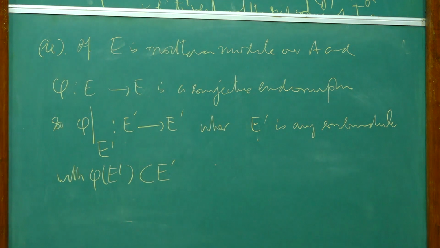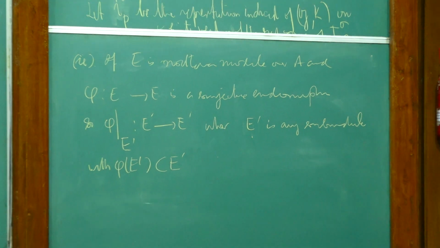Once it's surjective on the big module, it's going to be surjective on any submodule which is stable under the endomorphism.